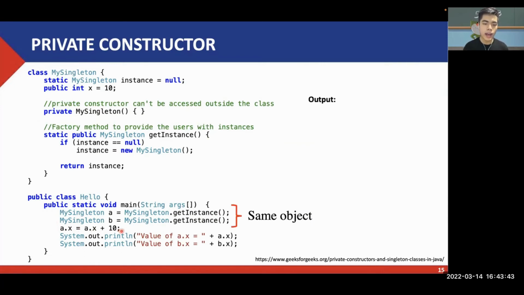So when I change the x variable of object A, the value of both object A and B is also changed to 20. And that's all for my presentation on the Java constructor.